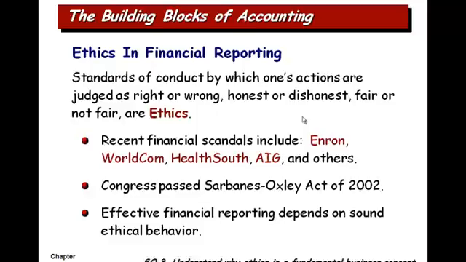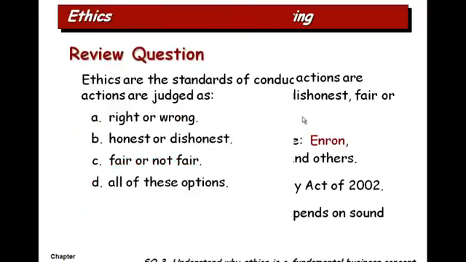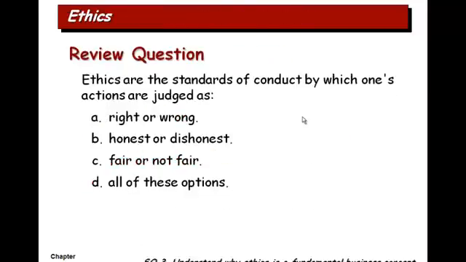And at times, management can make bad choices. And as a result, you have these scandals above. Review question: ethics are the standards of conduct by which one's actions are judged as right or wrong, honest or dishonest, fair or not fair, and it's going to be all these options.